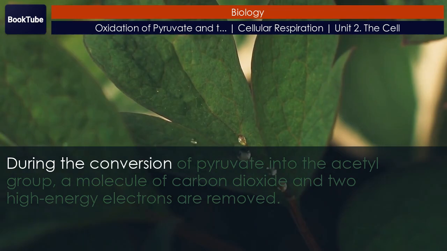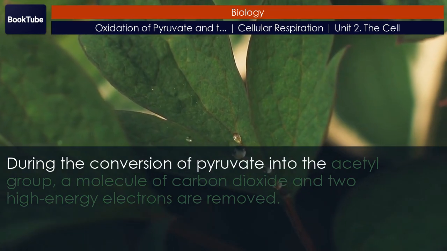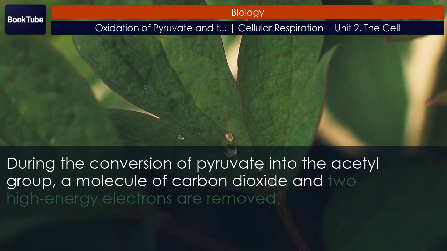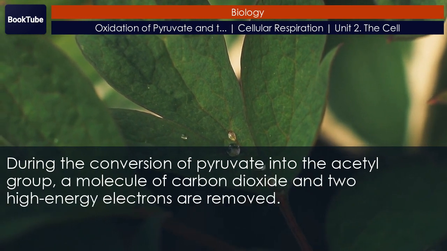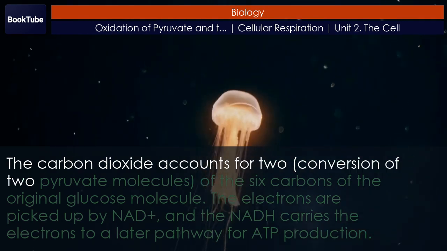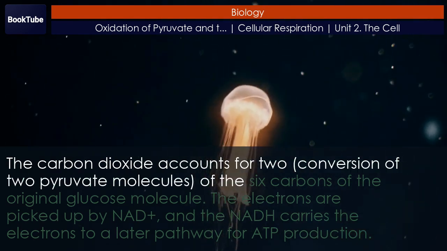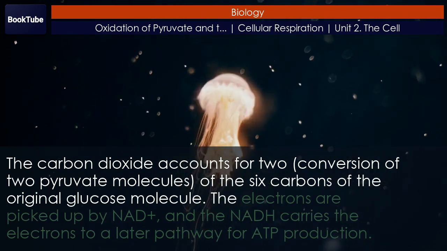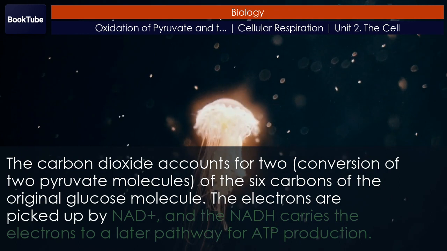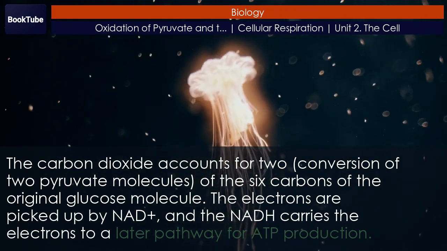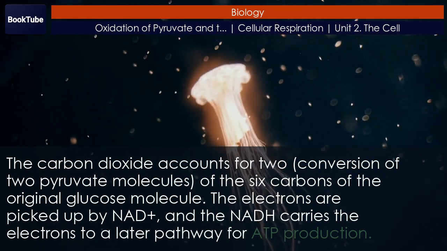During the conversion of pyruvate into the acetyl group, a molecule of carbon dioxide and two high-energy electrons are removed. The carbon dioxide accounts for conversion of two pyruvate molecules. Of the 6 carbons of the original glucose molecule, the electrons are picked up by NAD+, and the NADH carries the electrons to a later pathway for ATP production.